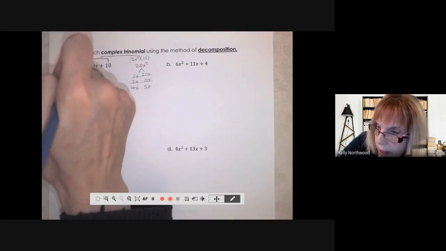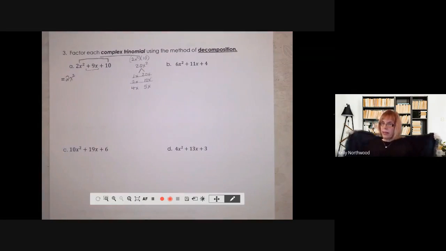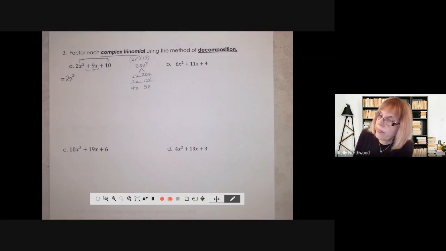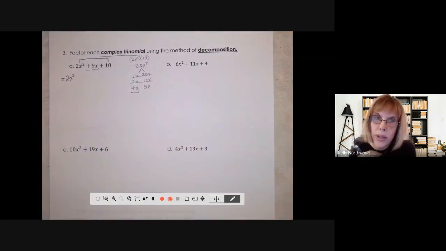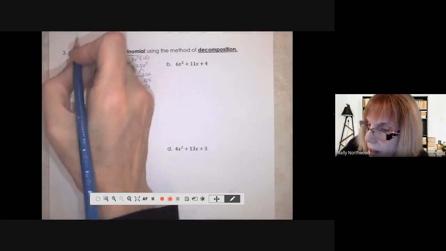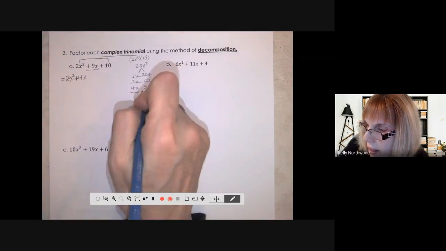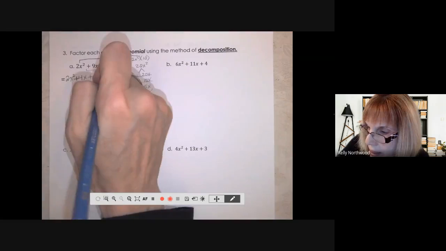So then I'm going to rewrite my 2x squared, the first term. And then I'm going to look at 4x and 5x and decide what has more in common with 2x squared. From a common factoring standpoint, 4x has more in common because 2 goes into 4. So I'm going to put the plus 4x down next, and then the plus 5x, and then the plus 10.